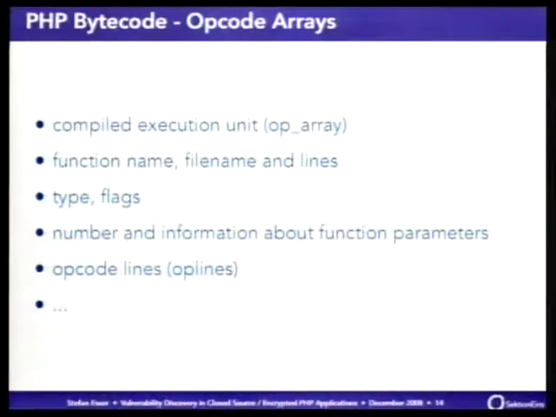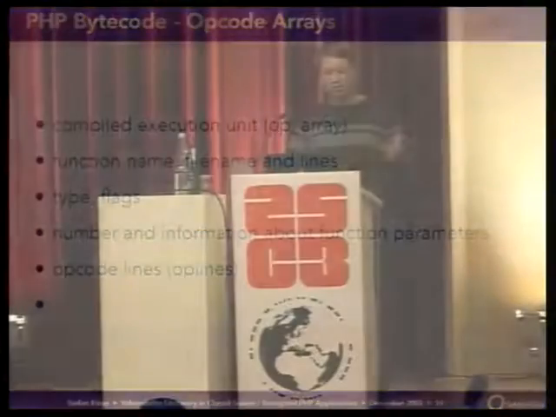So within the opcode array there's a table of allowed function parameters with the default values, with their type hints if there are any, and of course there's also the number of minimal needed parameters and the maximum number of parameters stored within the opcode array. And last but not least, there's of course the bytecode, which is stored in kind of op lines, which are the opcode lines, and I will come to that now.